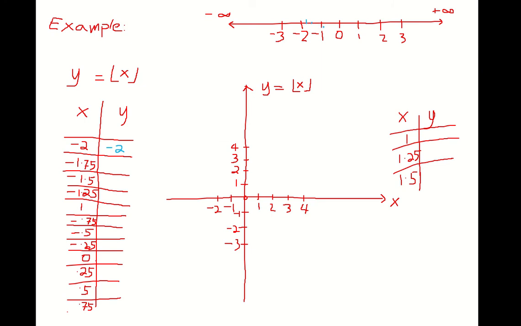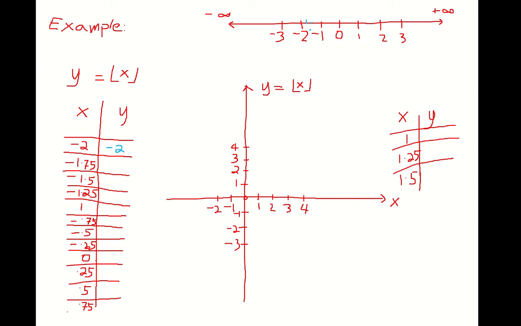Because for negative numbers, the negative number that is closer to 0 is bigger than the number that is farther from 0. Or another way of saying it, the number that is farther from 0 is less than the number that is closer to 0, and we have to round down the number.